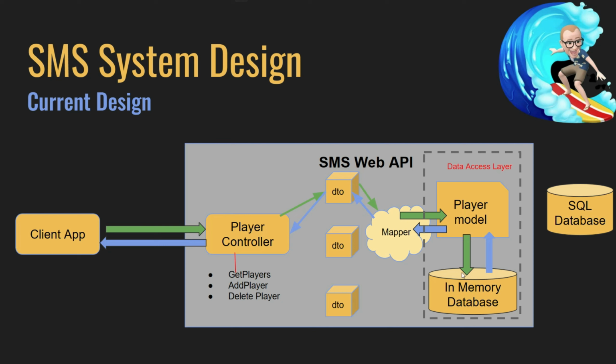All the way along we've been using an in-memory database to take away some of the complexity. We've also done an independent video that actually set up a proper database, a SQL Express database in our case. But at the moment this SQL Express database is not connected in any way to our web API. Our web API does not know how to issue commands to it and receive results back from it.